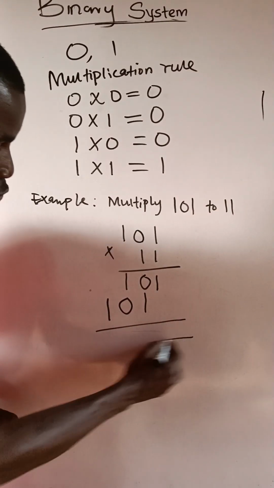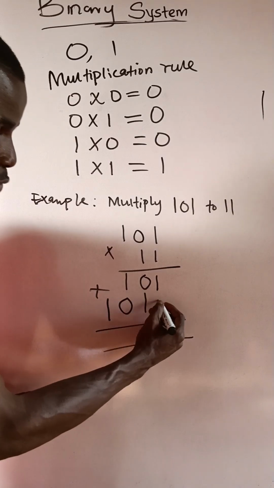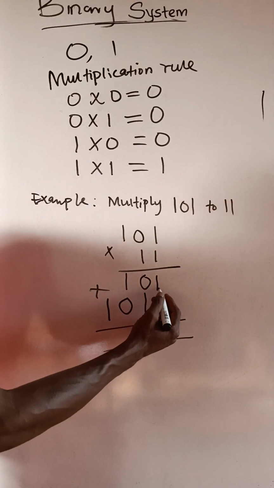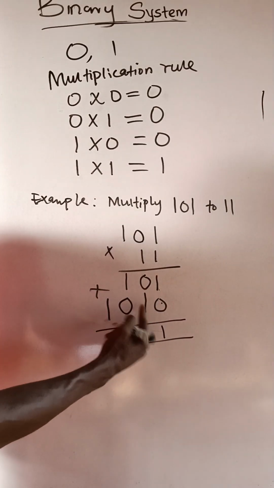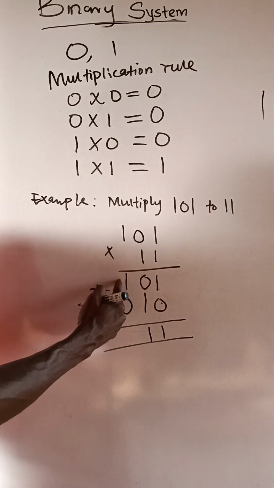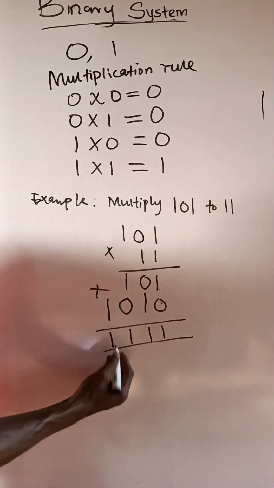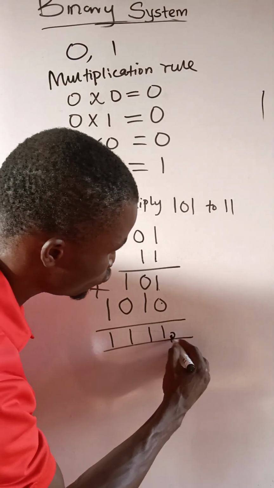So what do you do? You add these two together. You can put your 0 here. You add all these together. 1 plus 0 is 1. 0 plus 1 is 1. 1 plus 0 is 1. And this is 1. Put the 1 down. So the answer is base 2.